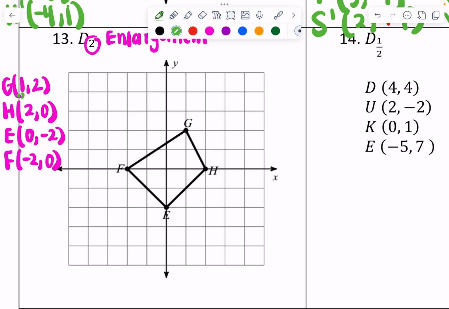So I'm just going to do times 2 for each X and each Y to get G, H, E, and F prime.